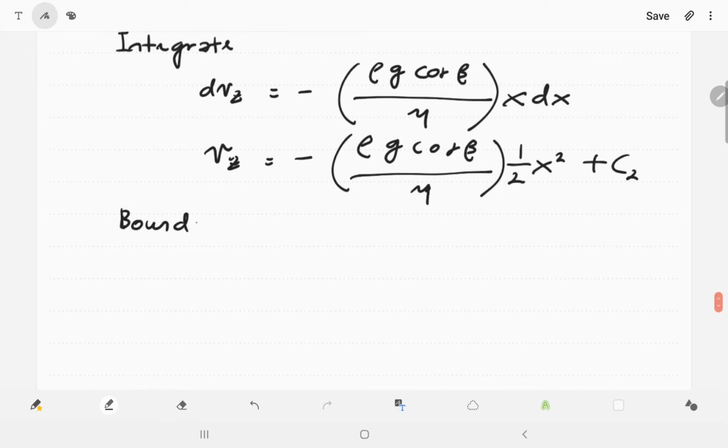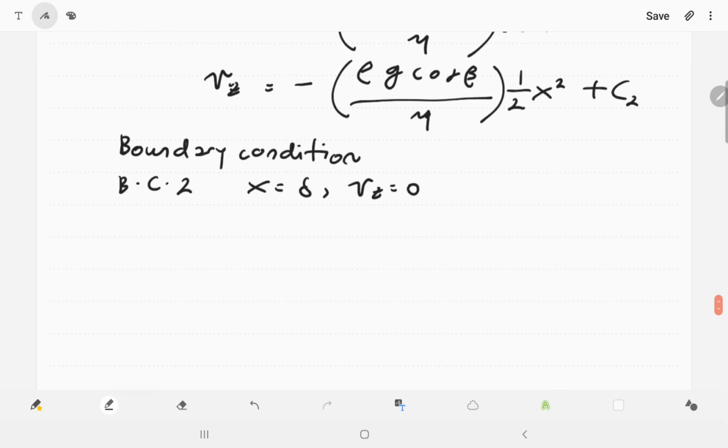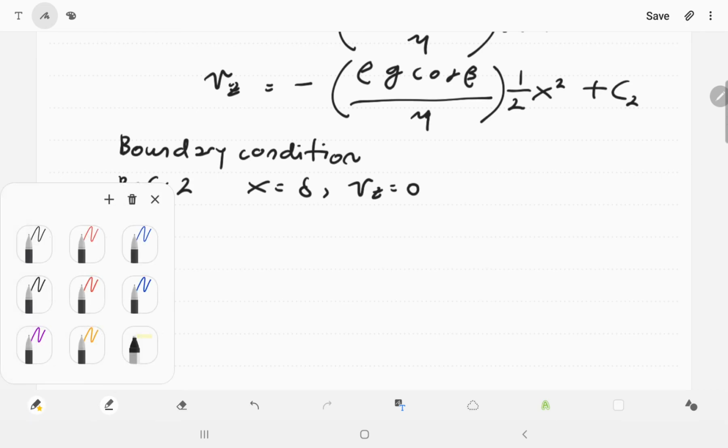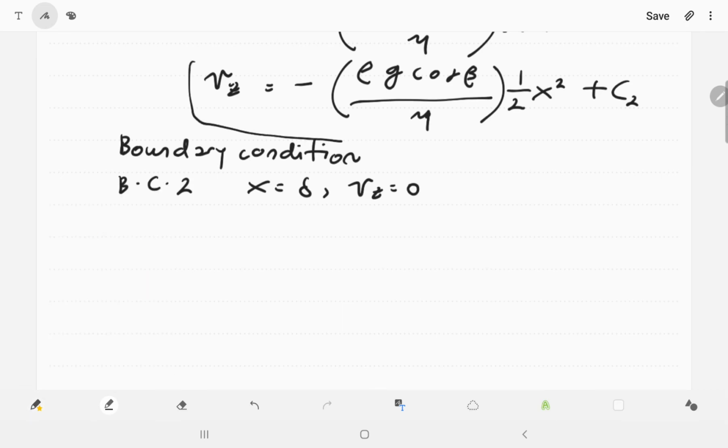We have another boundary condition, basically the interface between the liquid and the plate, or the solid surface. So at x equal to this, Vz is equal to 0. Then let's substitute this x into this particular equation.